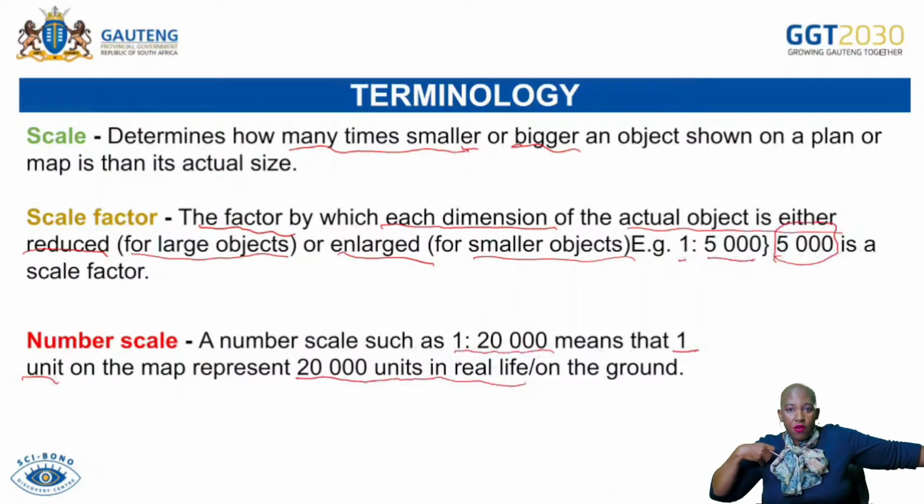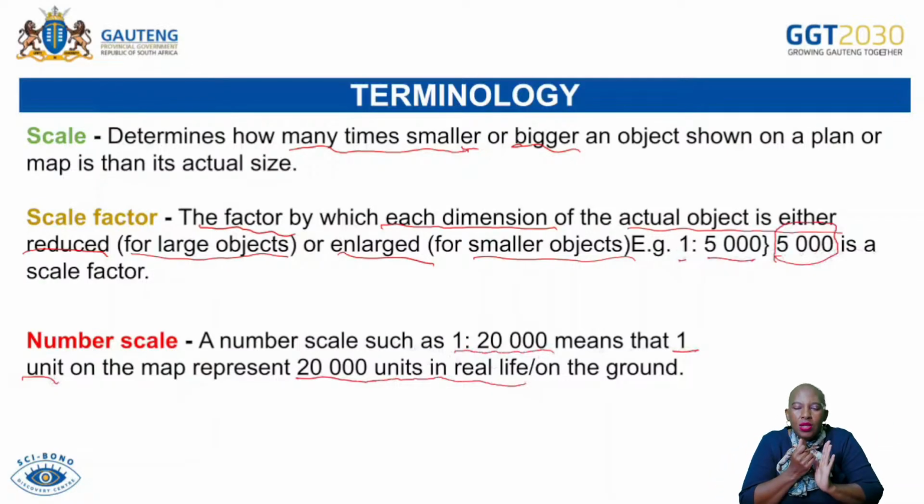Can you imagine this is a meter? Do we have an A4 size that is this big? No. So we have to reduce this size. The 3 meters must be made small. That's why we use a number scale to either enlarge or reduce. So we say 1 unit on the map represents 20,000 units in reality.